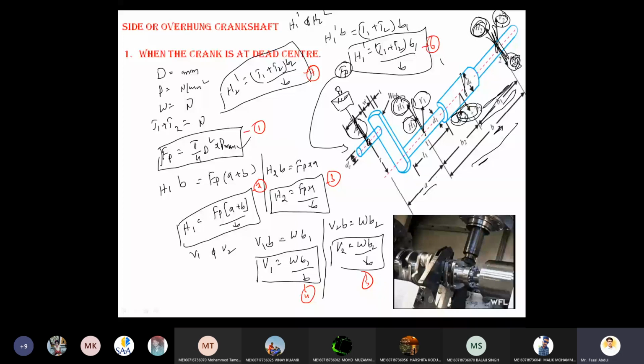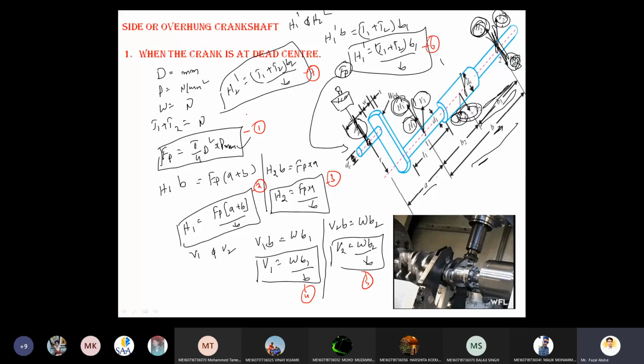In the examination, you are not asked to derive all these things; the question only asks you to solve numerical type problems. So if you remember these 7 equations, you can easily solve. Not just these 7, but also the upcoming equations, you have to remember. This is the basic thing we required in this diagram that we are calculating here.